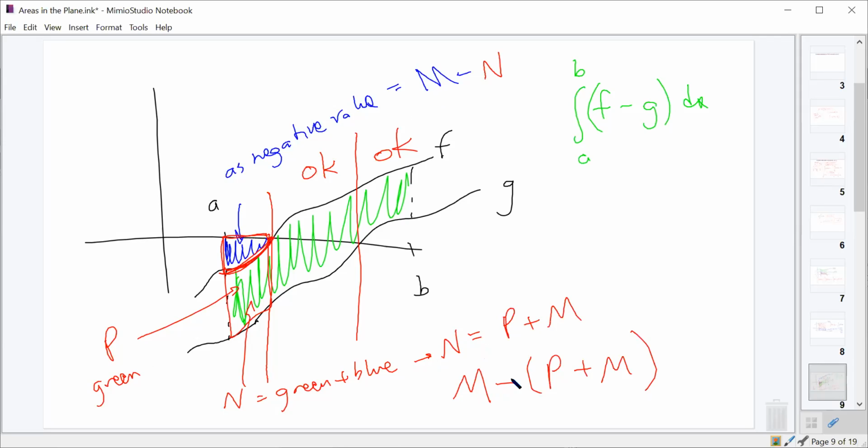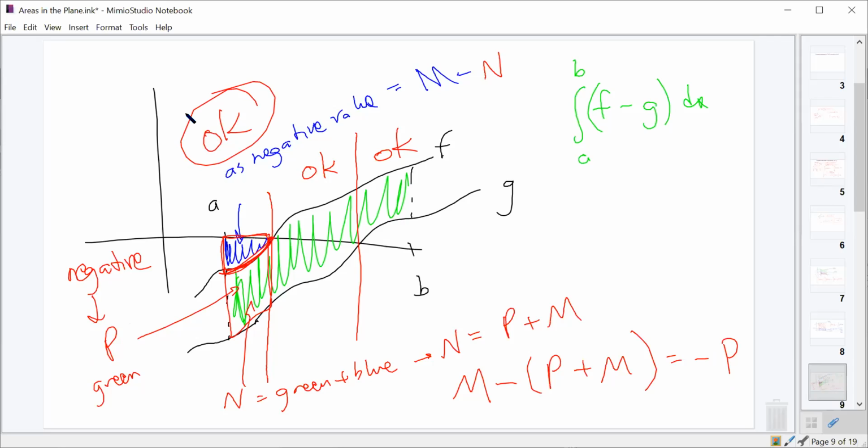So first off, m minus m should cancel out, right? It just gives us the opposite of p. Well, p is negative, isn't it? Since the integral down there was negative. Yeah. So what's the opposite of p? It's just this green as a positive. So this is still okay.